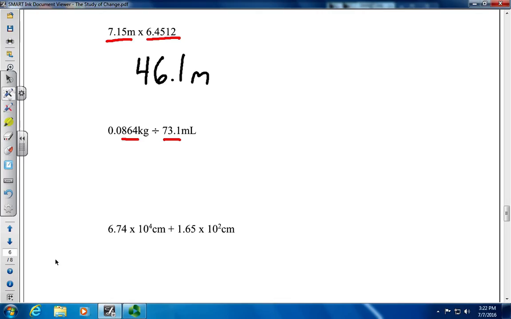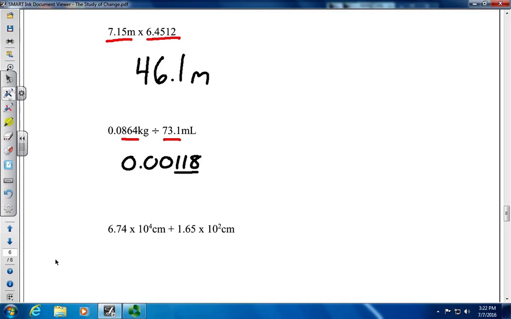Mass over volume is density. So this problem right here is dealing with density. So we're going to take our kilograms and divide by milliliters, and when you do so on your calculator, you'll find that the answer comes to be 0.00118. That's keeping to 3 significant figures because that's the least amount in either of the 2 initial terms.